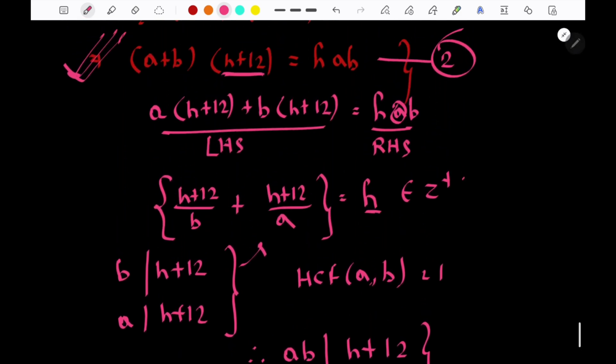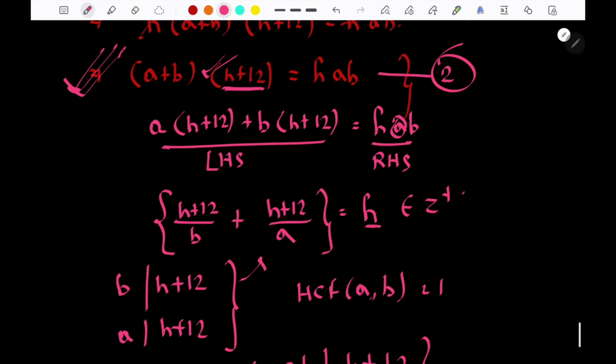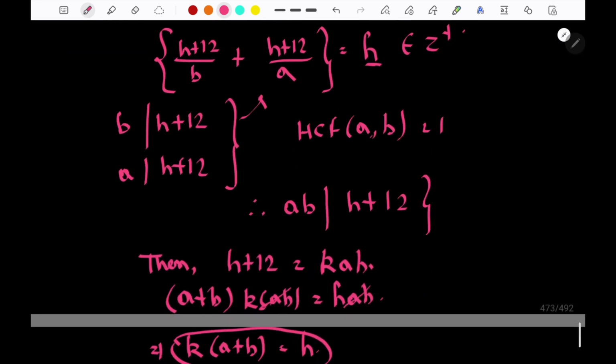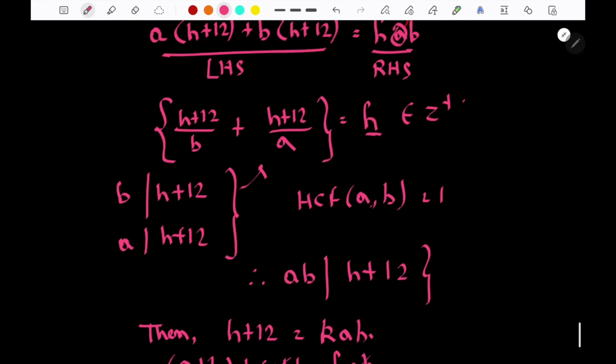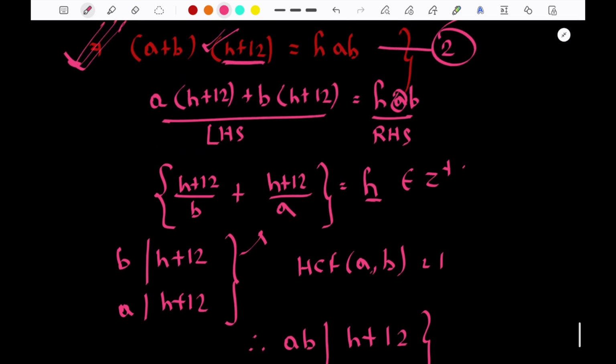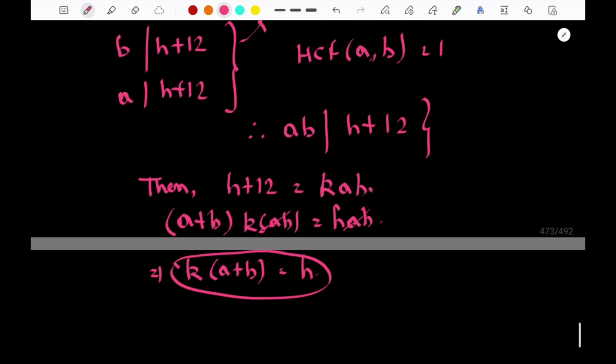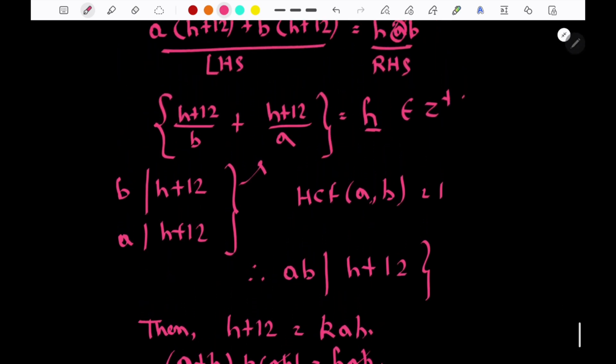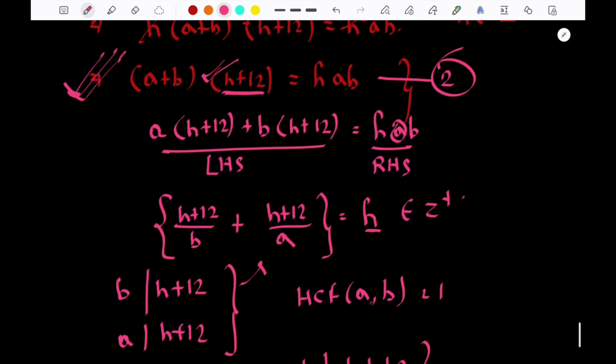Now again here is the original equation. See, all H value can be considered in terms of A plus B. Yes or no? So if I need to substitute K into A plus B is equal to H, then we can do one thing. What needs to be done?